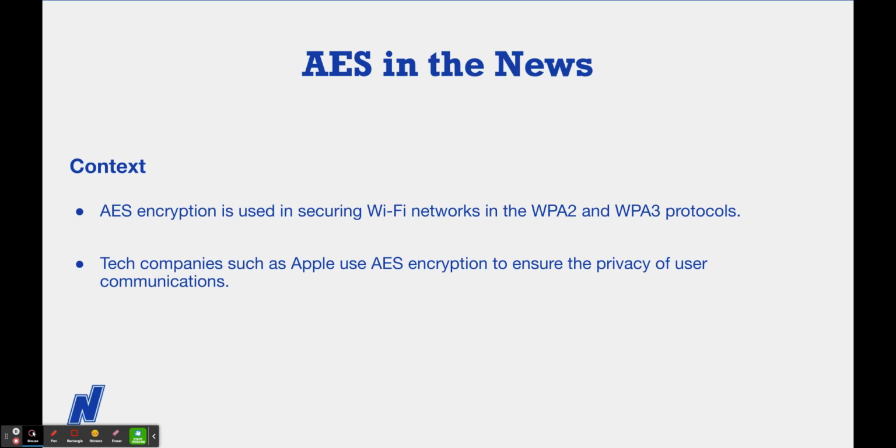The most recent and most secure WPA3 protocol also relies on AES. These protocols are essential for protecting data transmitted over Wi-Fi networks, whether at home, in the office, or in public hotspots, which is super important now because a lot of people in the US are actually at home or in public hotspots. So think of a Starbucks and such, as not everybody is in the office as often now.